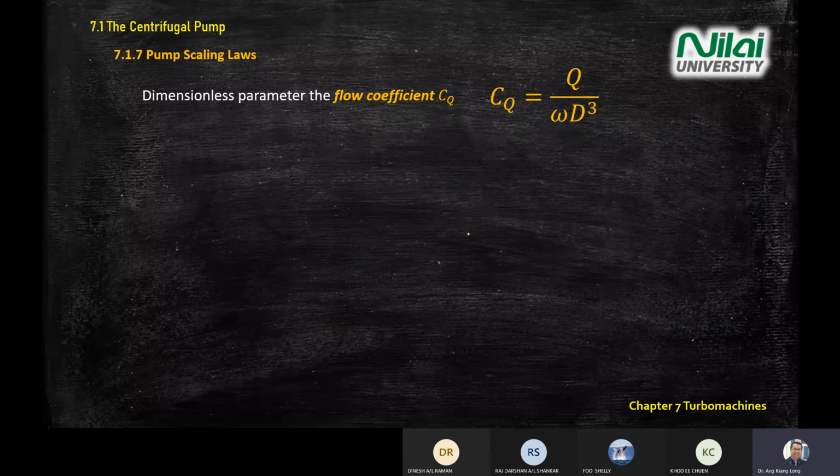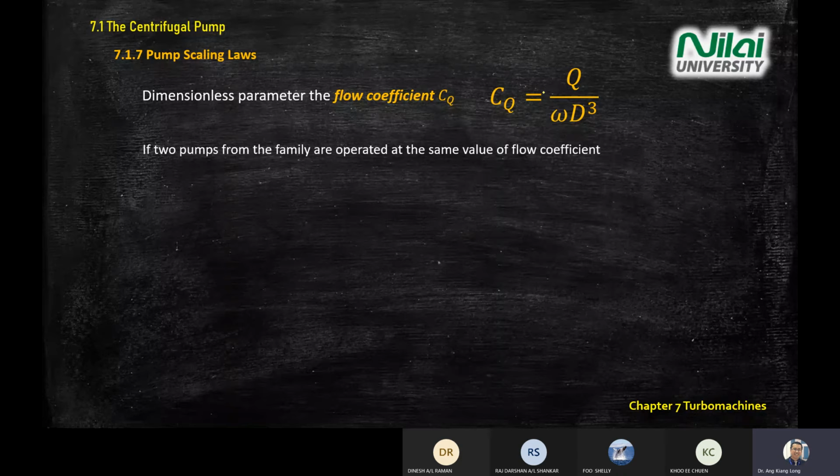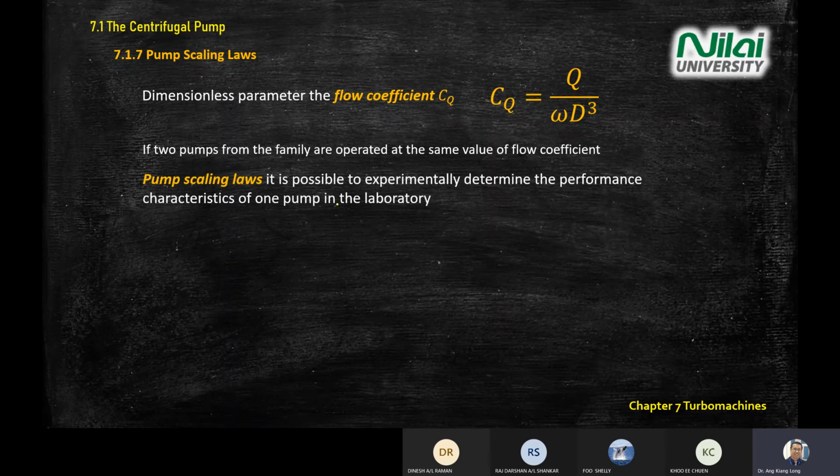Another one is the flow coefficient. Flow coefficient is given by Q divided by omega D cubed. What is the purpose of this flow coefficient? It is to do pump scaling. What do we mean by pump scaling?